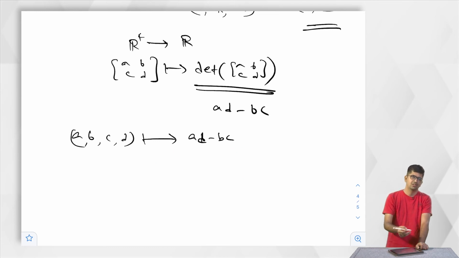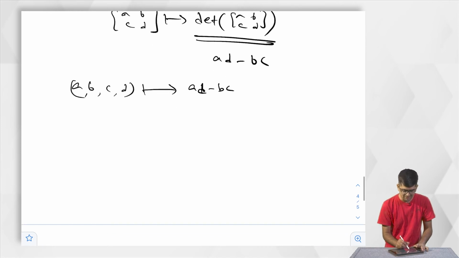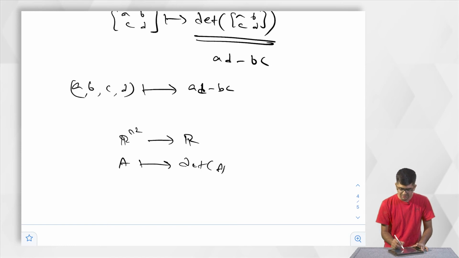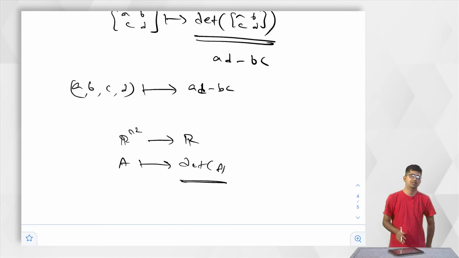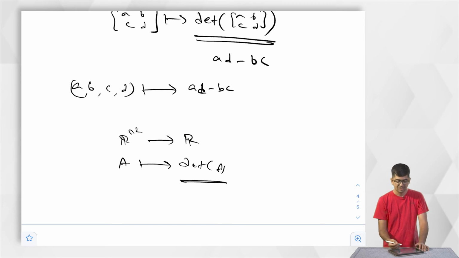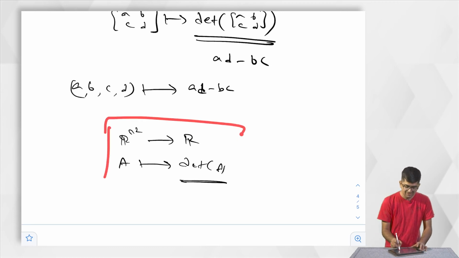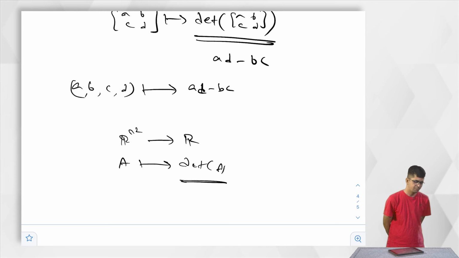I am assuming you know the determinant map for any Rn square to R, A goes to determinant of A. If you know the definition, it is a polynomial map. If you don't know the definition, maybe the first thing you need to do is stop the video, go back and check the notion of determinant. That's a polynomial map. So that says this function is a continuous function.